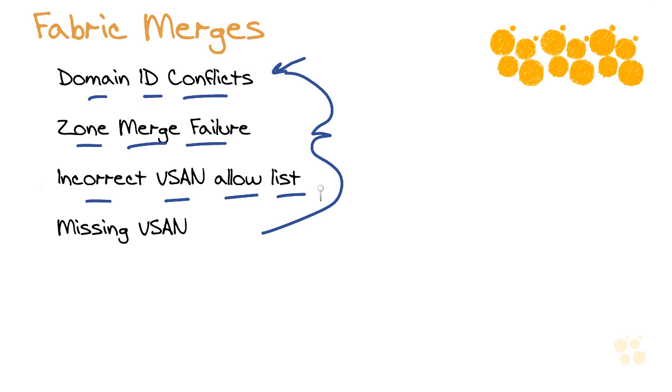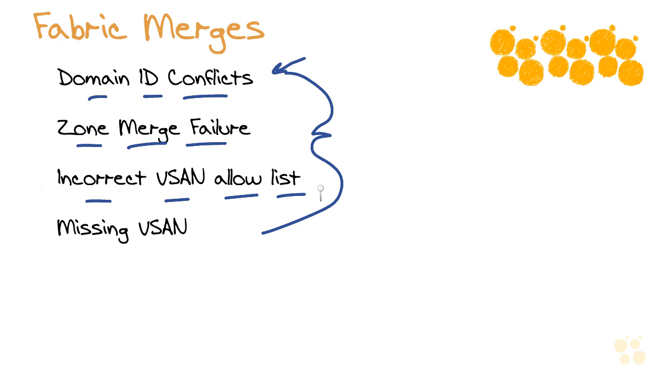If the VSAN allow list on an inter-switch link is not allowing traffic to flow between switches, check the interface on both ends of the isolated ISL. If only one interface shows the isolation, then the VSAN that shows the isolation is probably missing from the VSAN allow list over the trunking expansion port. That, of course, is our TE port.